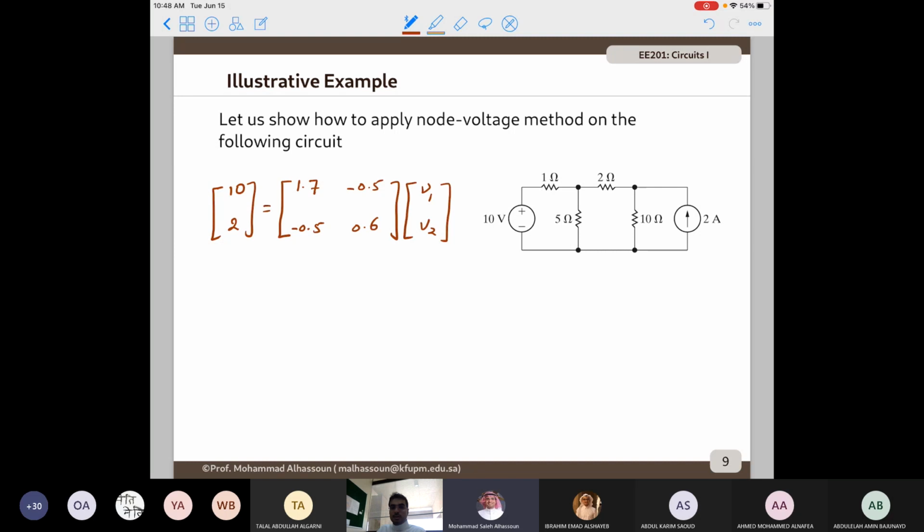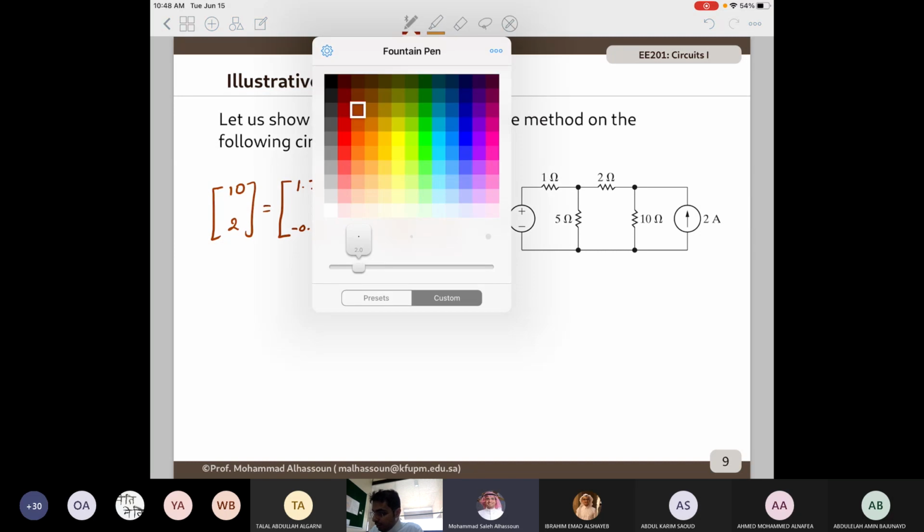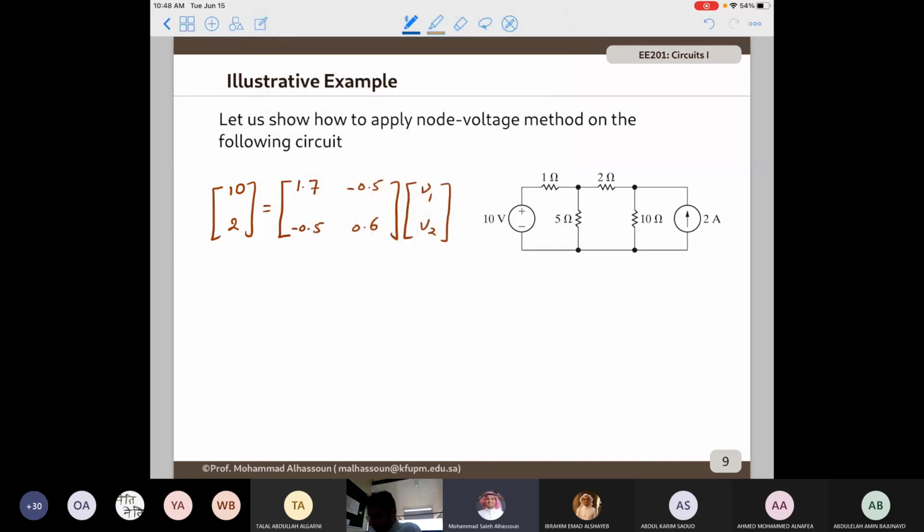So if I invert this matrix, I will end up with V1 equals 9.09 volts, V2 equals 10.91 volts.